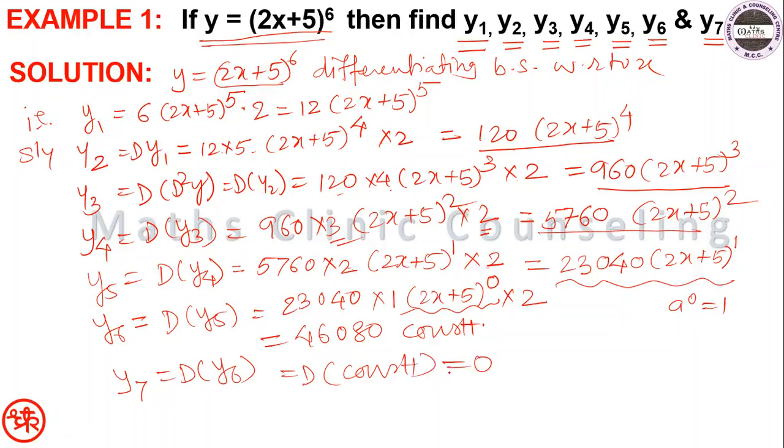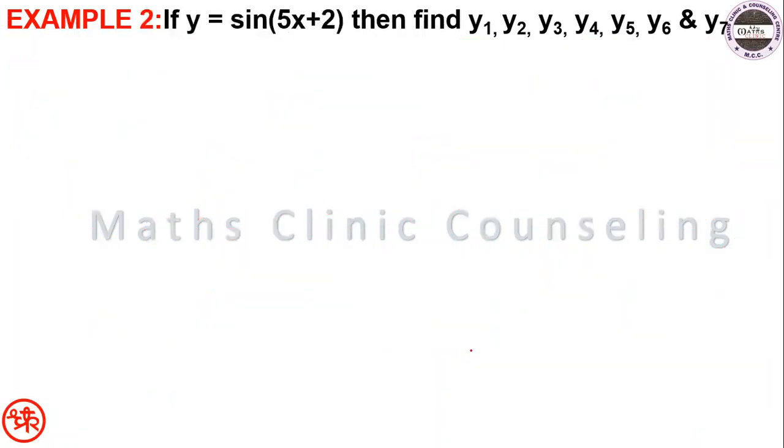So did you understand here? So this is the derivative. Then next, if y is equal to sine of 5x plus 2, find y1, first derivative, second derivative, third derivative, fourth derivative, fifth derivative, sixth derivative, and seventh derivative. Okay, so let us see.